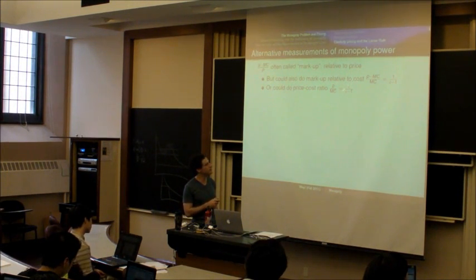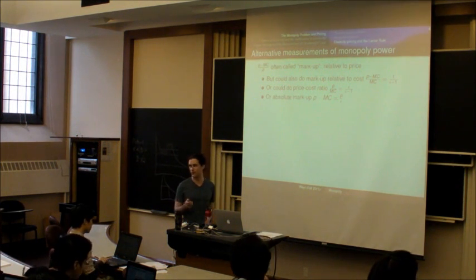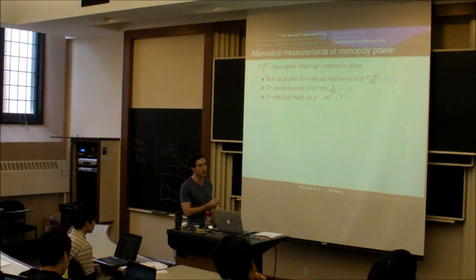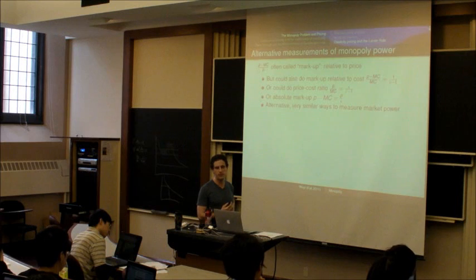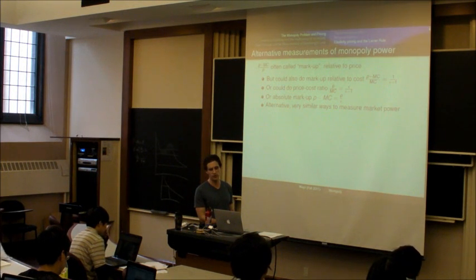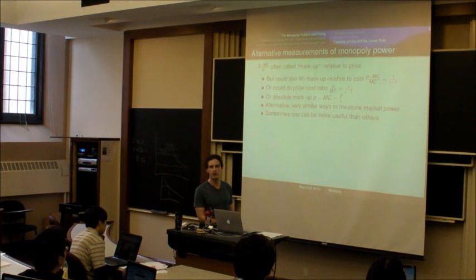That would give you the elasticity over the elasticity minus 1. Or you could do the absolute markup, just the difference between price and cost, and that would give you the price over the elasticity. These are basically all alternative and very similar ways of measuring market power, but in some contexts, one can be more useful than the other.